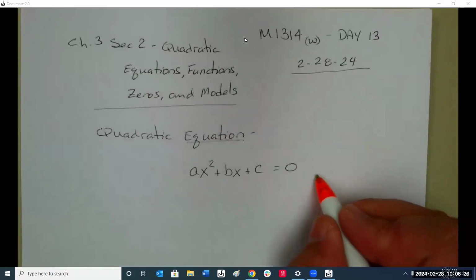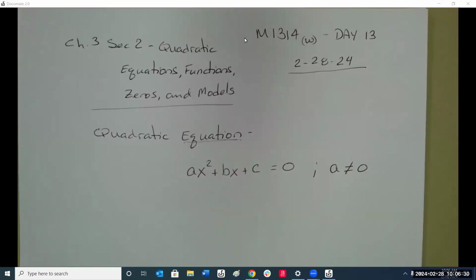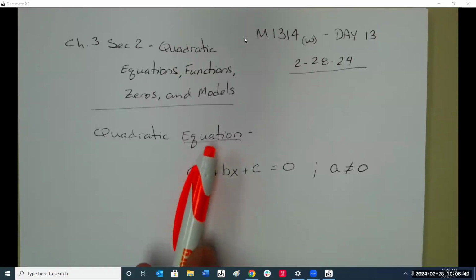The only stipulation here is A cannot equal 0. Why is that an important stipulation? If A equals 0, what would happen? It wouldn't be quadratic. If that's 0, that term is gone.